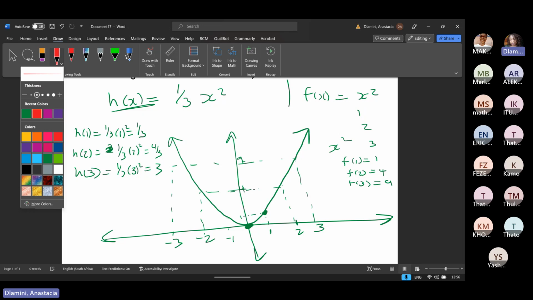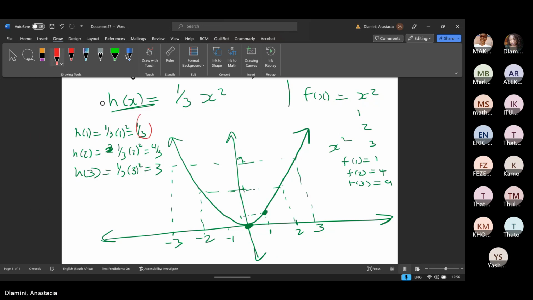So they're saying at 1, where's our graph? 1 over 3. Where's 1 over 3? Is it over 1 or below 1? Below 1, ma'am. Yes. So 1 over 3 will be somewhere here, isn't it?